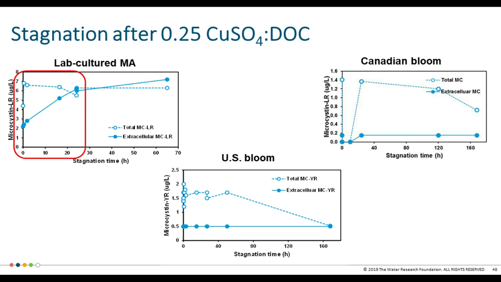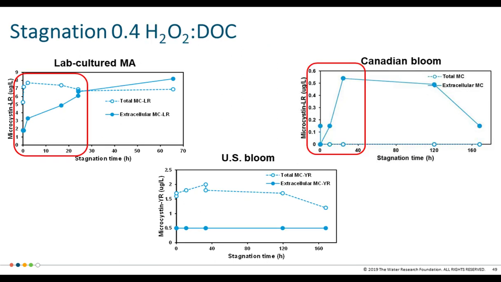Looking at copper and a 0.25 copper to DOC ratio, we do see that in the lab cultured, we had some release, whereas we truly don't see that release in the US bloom or the Canadian bloom, very similar to what we saw before, where the lab cultured cells were susceptible and experienced release up to 15 to 24 hours.